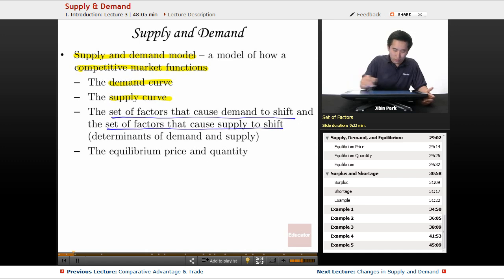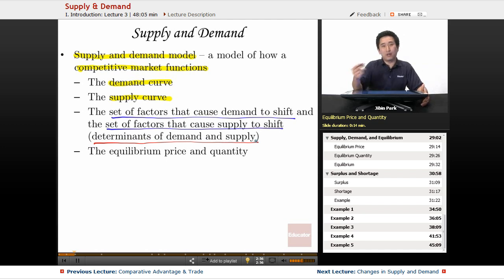Another way of saying this is, what are the determinants of demand and supply? And then we're going to connect supply and demand together, and when we do so, we'll find the equilibrium price and quantity, or another way of looking at it, the market clearing price and market clearing quantity.